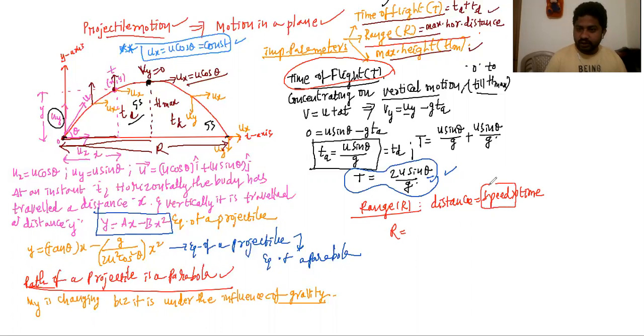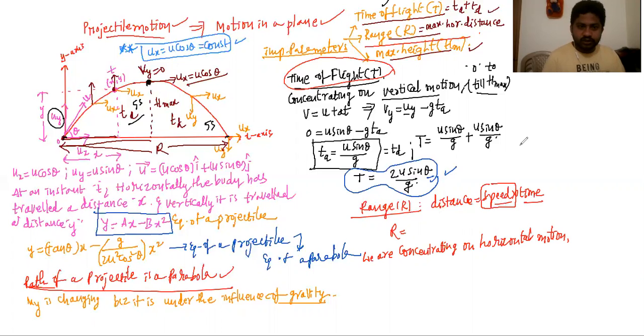When we are talking about maximum horizontal distance, we need to concentrate on horizontal motion, because the definition of the range is the maximum horizontal distance traveled by the body. So range is equal to speed into time.